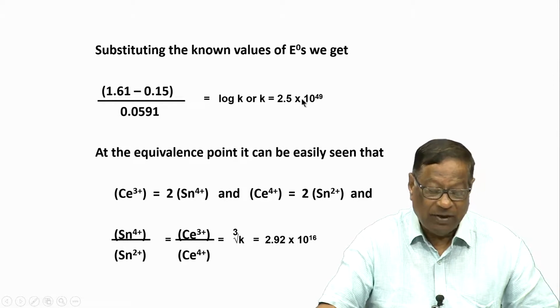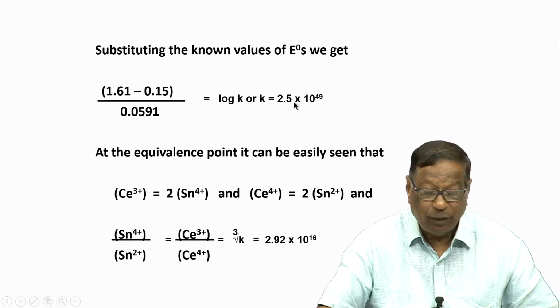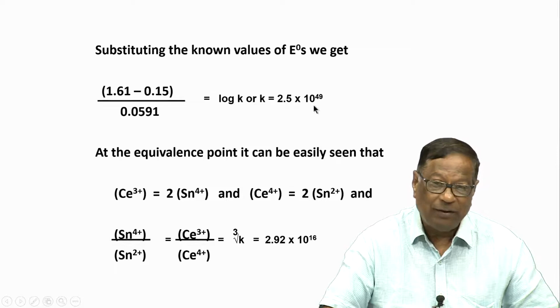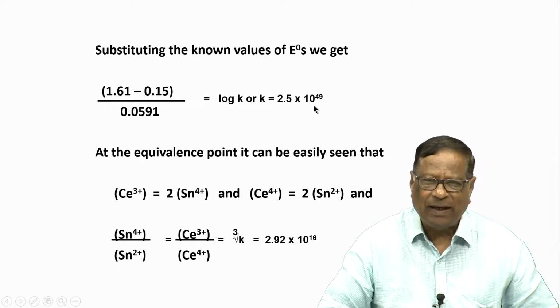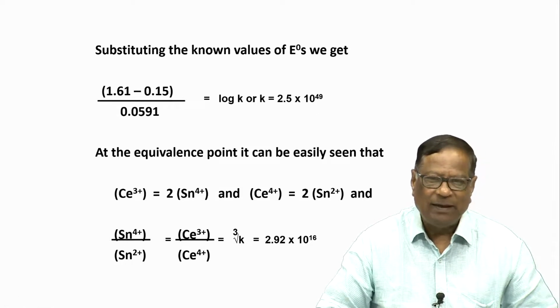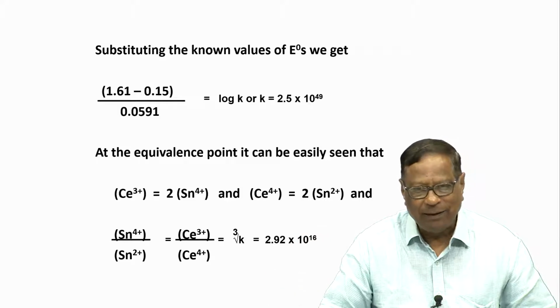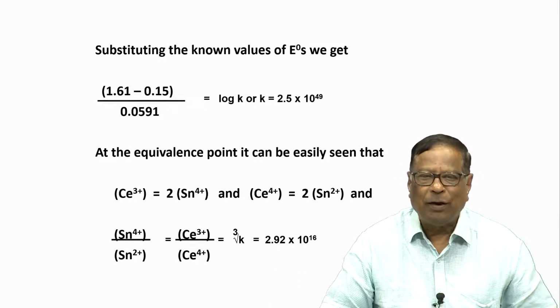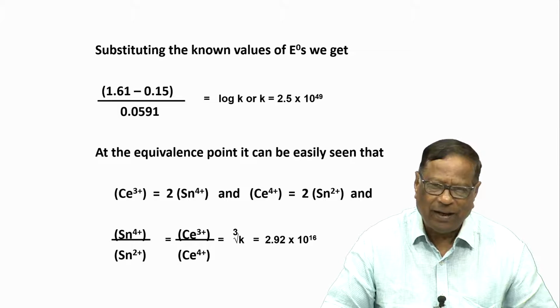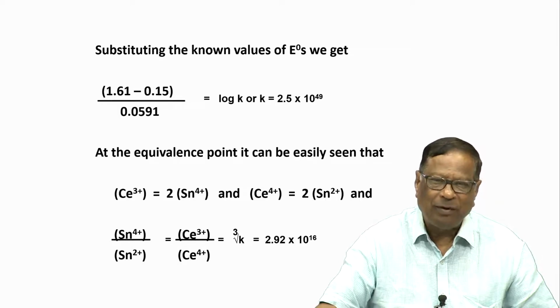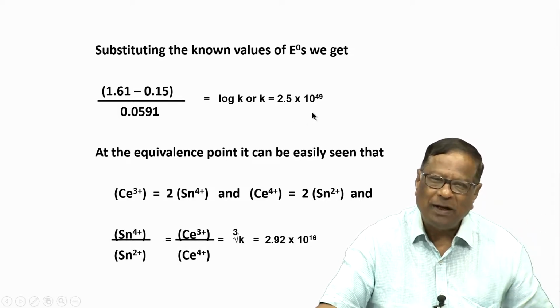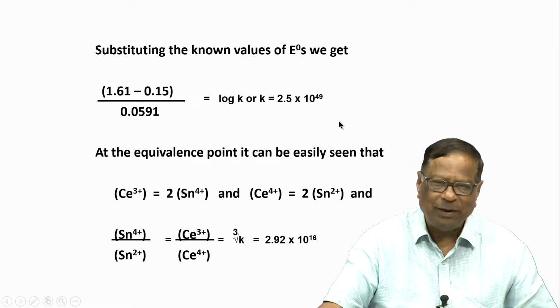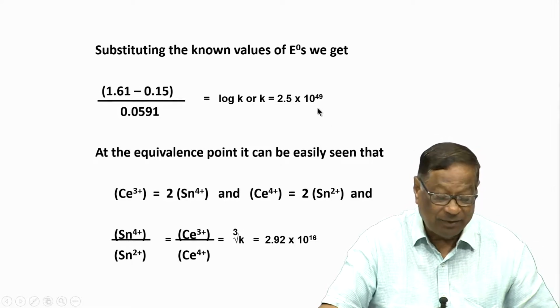Okay. So, we understand that the value of 2.5 into 10 raised to 49 means all the stannous is converted into stannic using ceric ions, that is a redox reaction. The reaction percentage is not more than 100%, but it will be almost 100%.